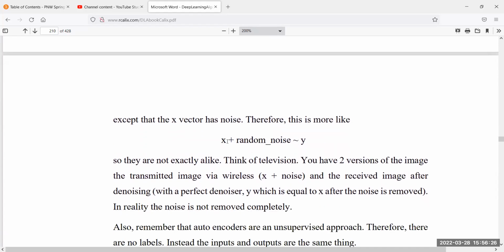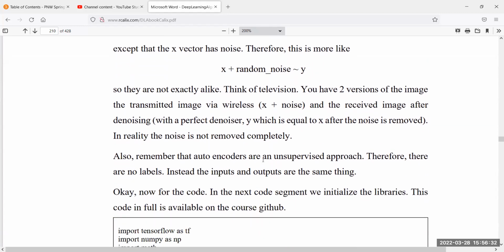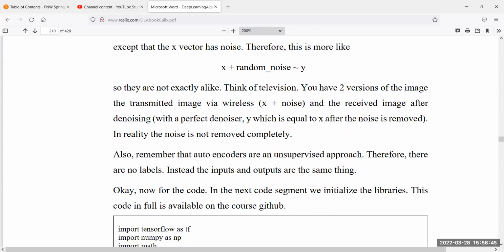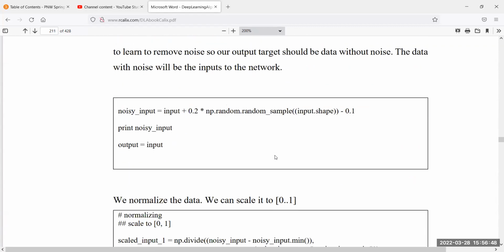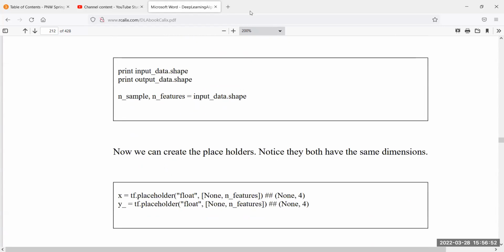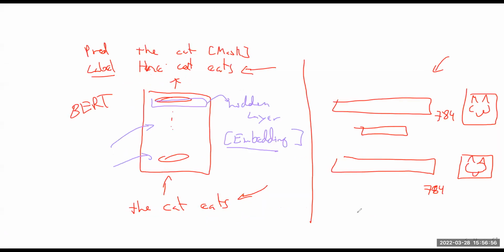Therefore, Y is similar to X plus random noise. That's kind of what we're doing, because in BERT you don't give it the exact same sentence. You give it the sentence and then the same sentence, but with one token replaced with a mask that it should learn. So that's the objective of the autoencoder.